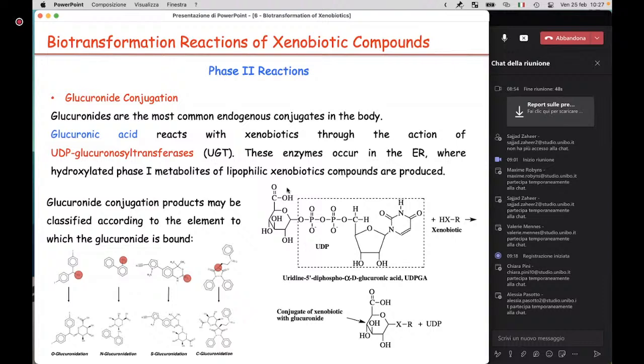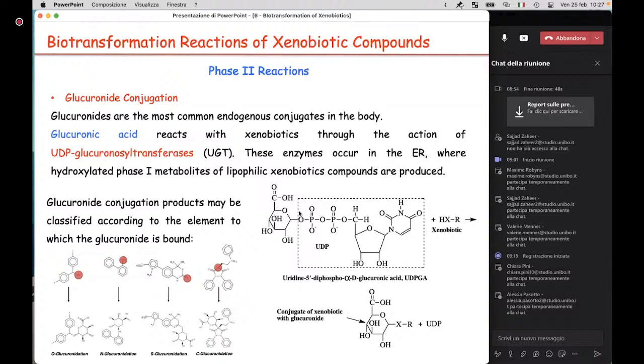This is an activated form of glucuronic acid, exactly because this bond is highly energetic due to the presence of UDP.